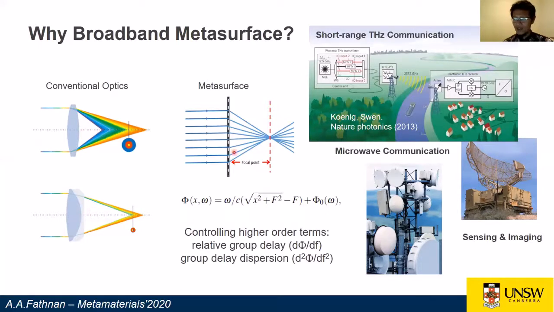In the metasurface, we can realize broadband achromatic operation by controlling higher-order phase terms, such as group delay or group delay dispersion. Therefore, it can be realized without sacrificing the low-profile structure of the metasurface.